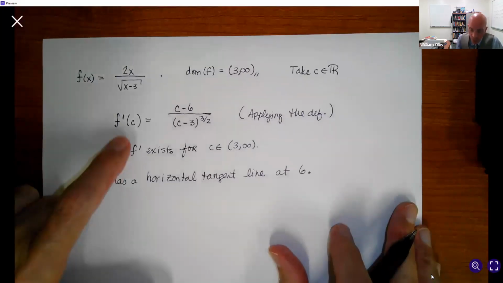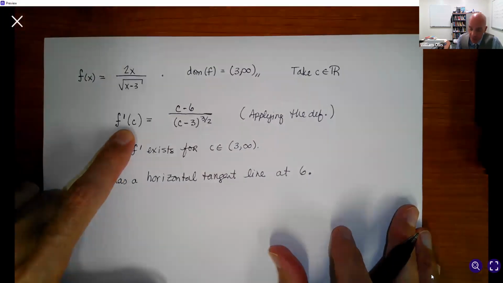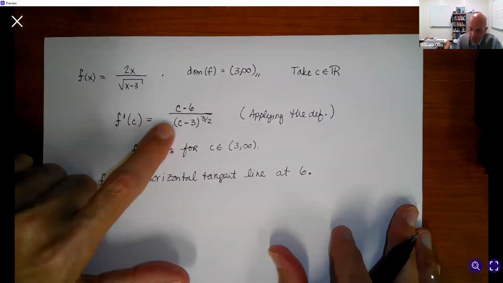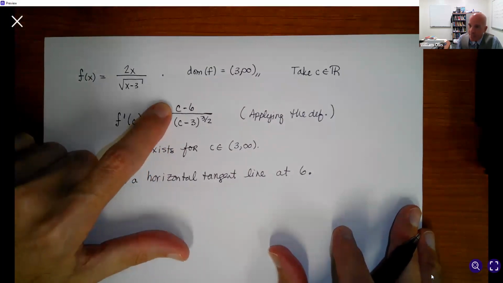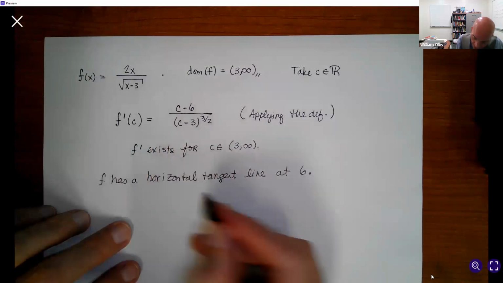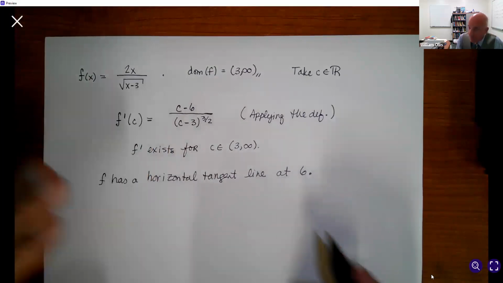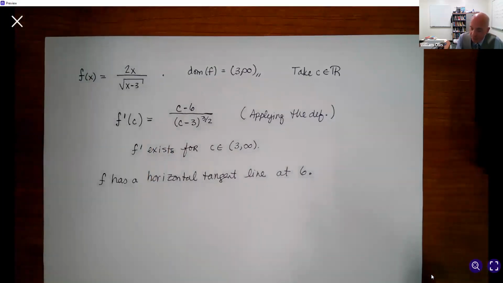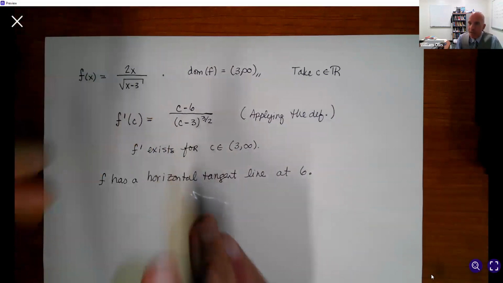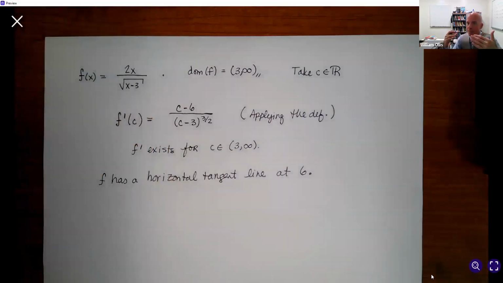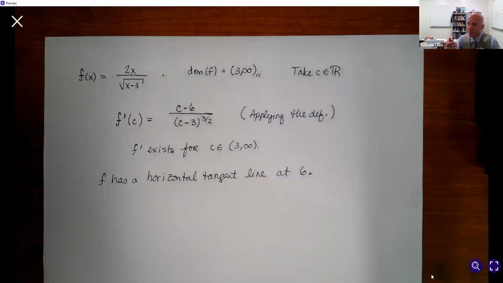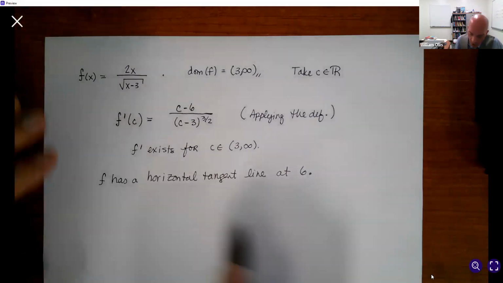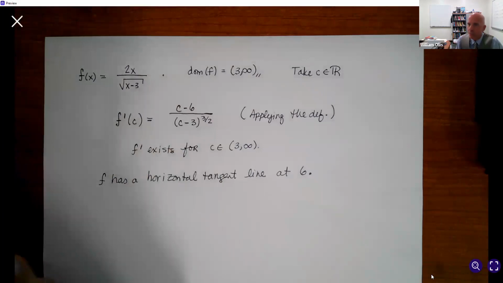Why is that? Well, that means the derivative is 0. But when we look at this particular function, this quotient, it is 0 when c is 0. So for instance, if we think of this as a function, it accomplishes the same thing. But we know that horizontal tangency means that f prime is 0 because f prime defines the slope of the tangent line.